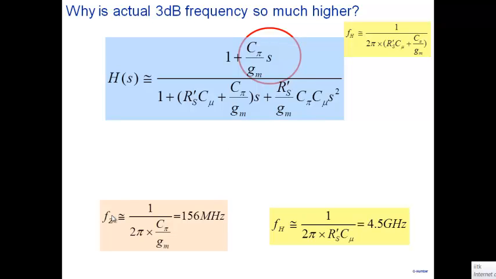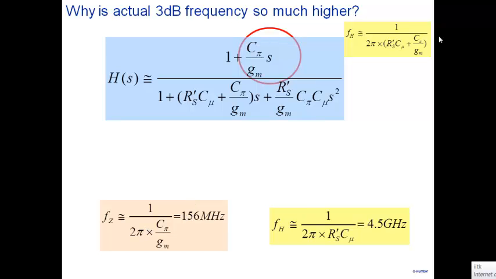But you also see that the 0 is also C pi by gm. So in this unique case, the dominant pole, which is in the denominator, is being cancelled by the 0 in the numerator. Both are roughly at the same place here.